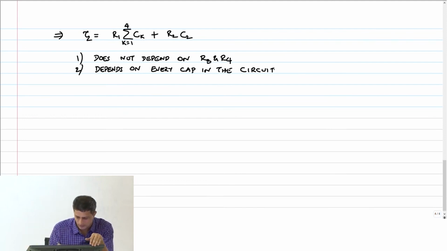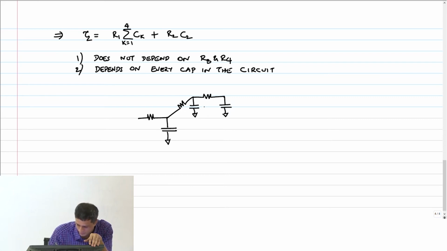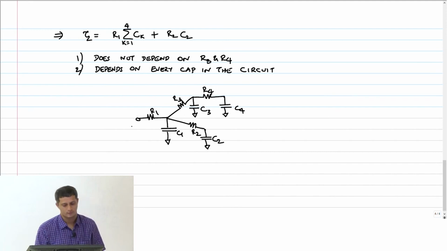Okay, so let me redraw that so that we get an intuition for what's happening and why it behaves like this. C1, C3, C4, C2 and R2, R1, R3 and R4. So now you look at what's going to happen.